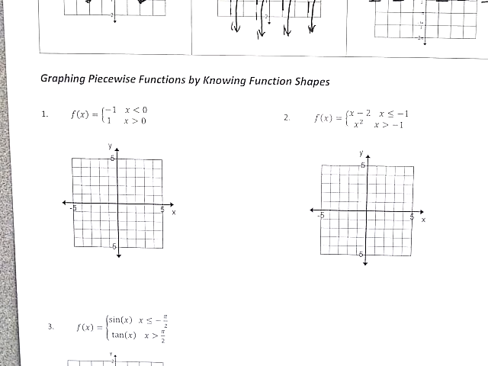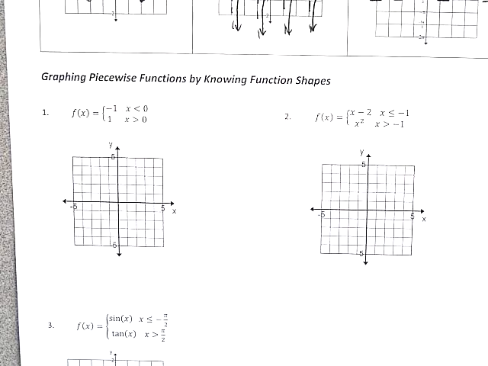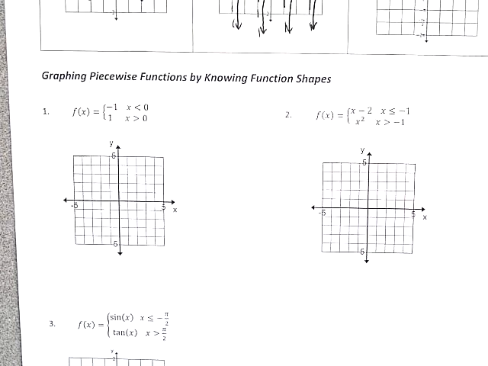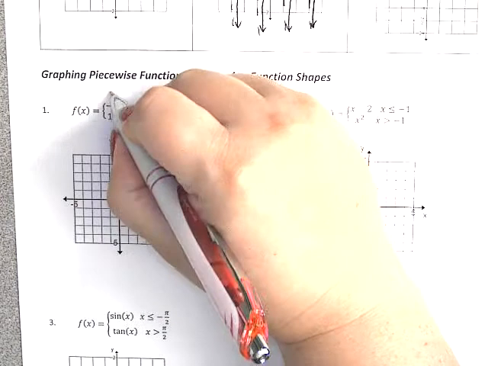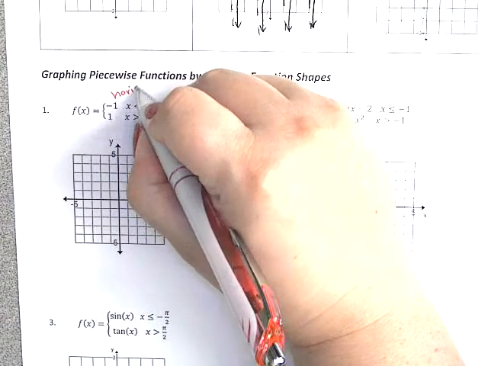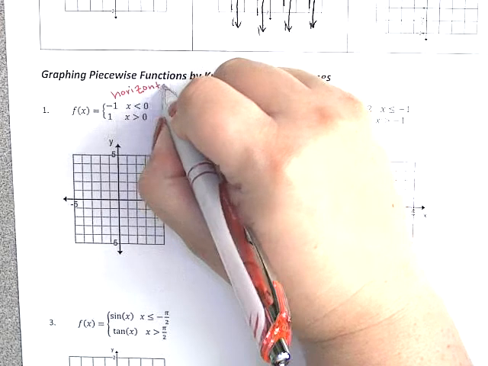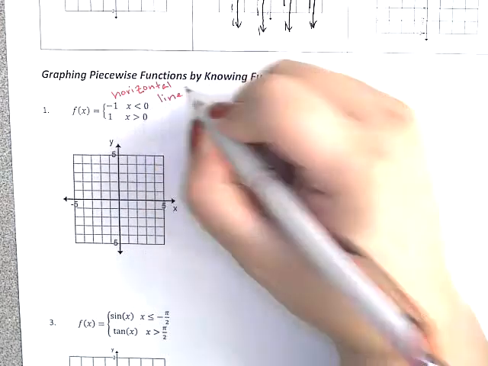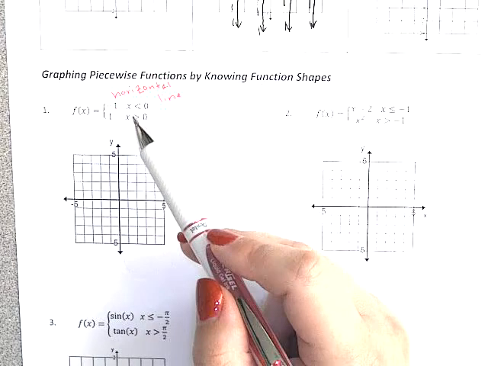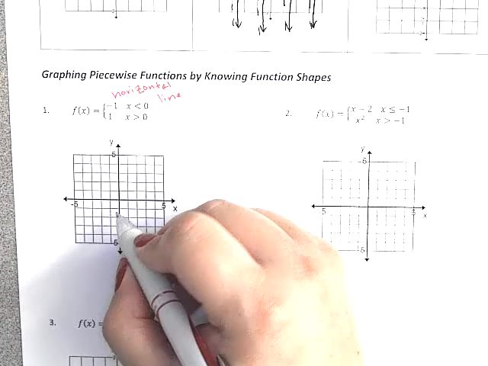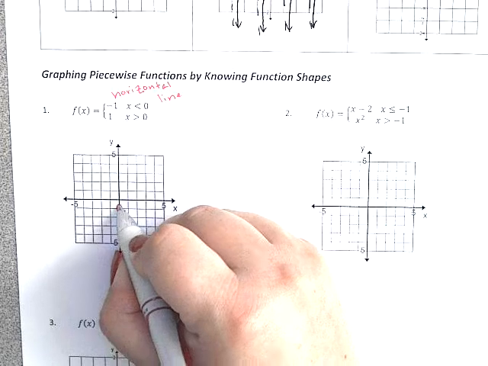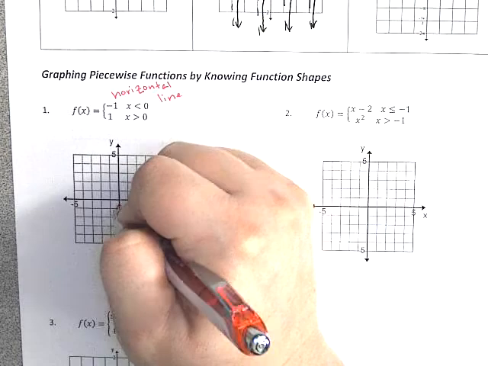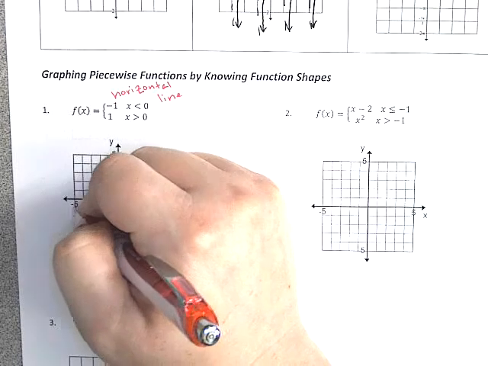Negative 1 for x less than 0 and 1 for x greater than 0. We know that these are going to be horizontal lines because they are just constant functions. All right, so for negative 1, we're going to have an open circle at 0, negative 1, and then we go less than, so that would be like this.